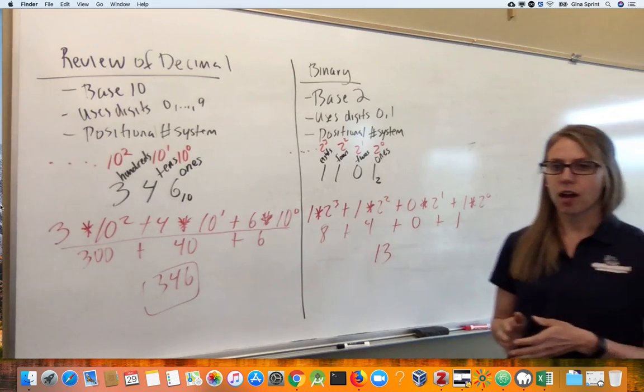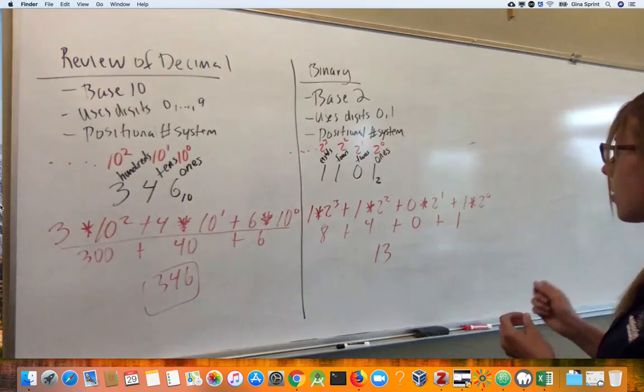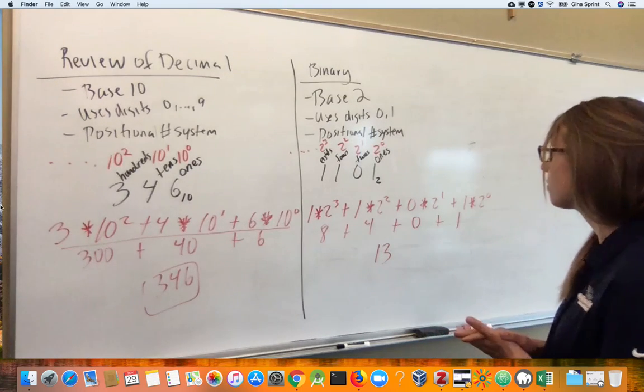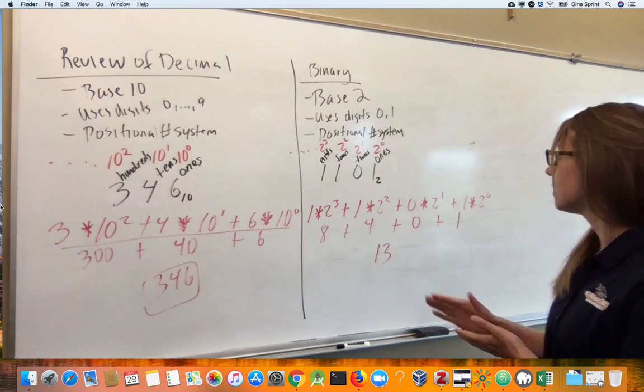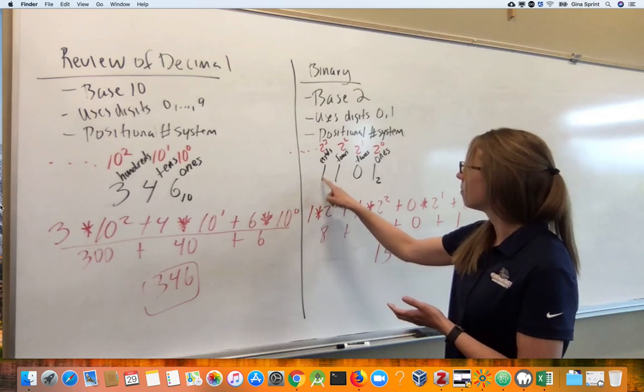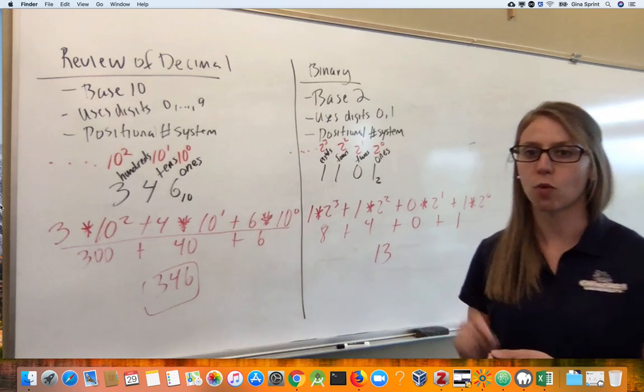So we just saw an example of how to convert a binary number to its decimal form. What we do is essentially sum the products of the binary digits and their power for that position.